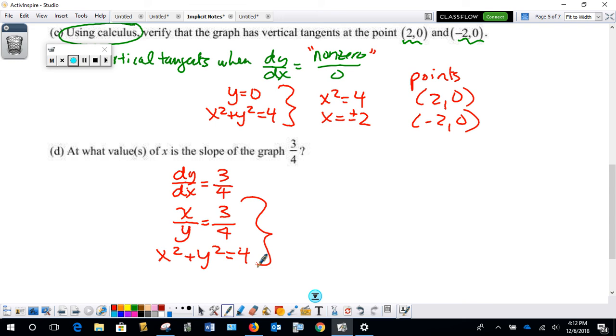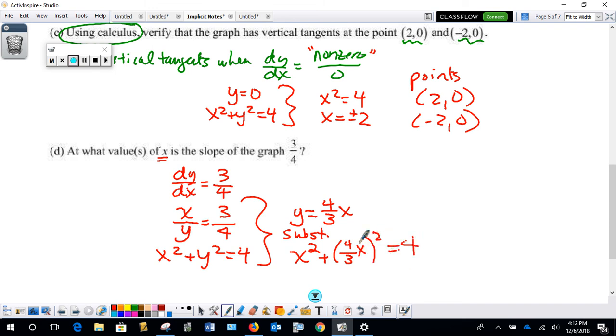And so typically what I would do is maybe let's do a substitution. It doesn't really matter. It says at what values of x. So I want to keep x in the problem. So that means y would equal 4/3 x from the first equation. And now I'm going to substitute that into the second equation so that I can find x. x squared plus (4/3 x) squared equals 4.